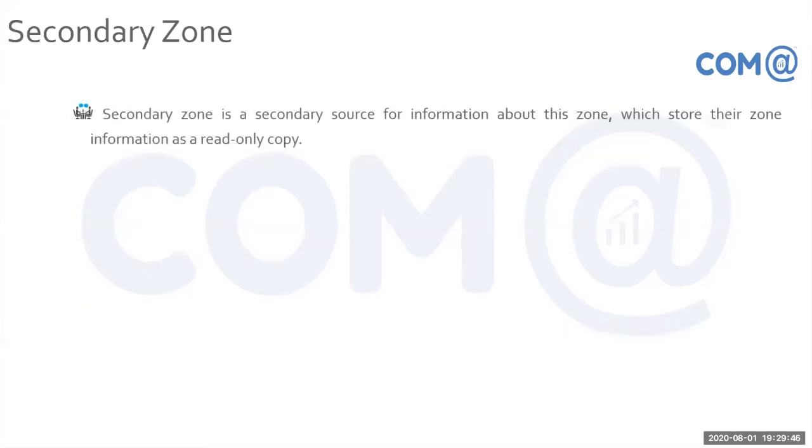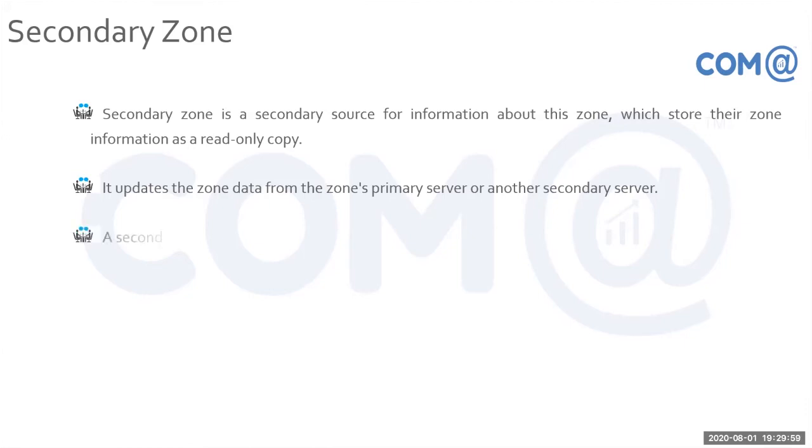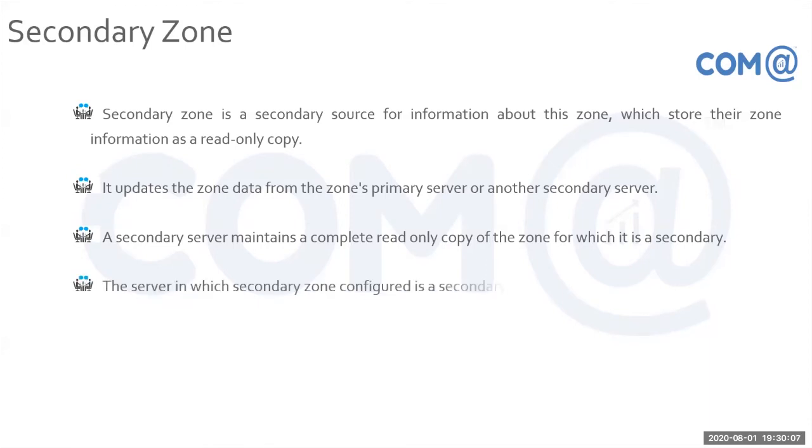And further explaining about the secondary zone. The secondary zone is a secondary source of information about this zone, which stores its zone information as a read-only copy. It updates the zone data from the zone's primary DNS server or another secondary DNS server which is configured for it as the master server.